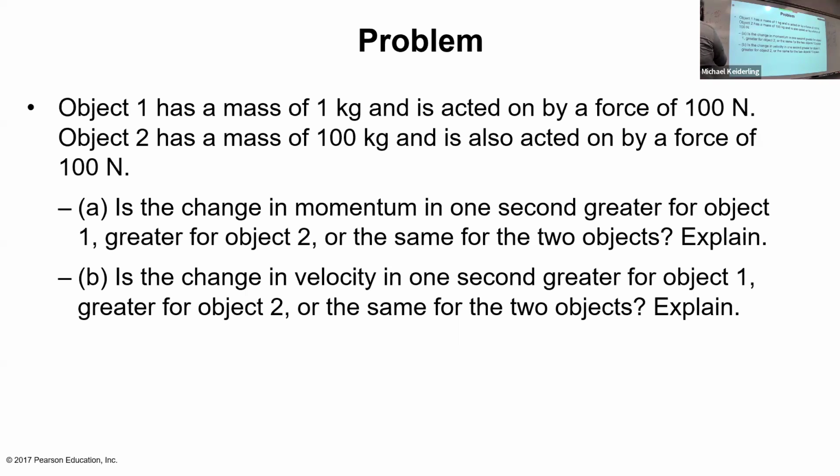And object 2 is 100 Newton seconds equals 100 kilograms times delta V. So delta V will equal 1 meter per second. So the change in momentum will be the same for both objects, but the change in velocity will be greater for the lighter object, object 1.